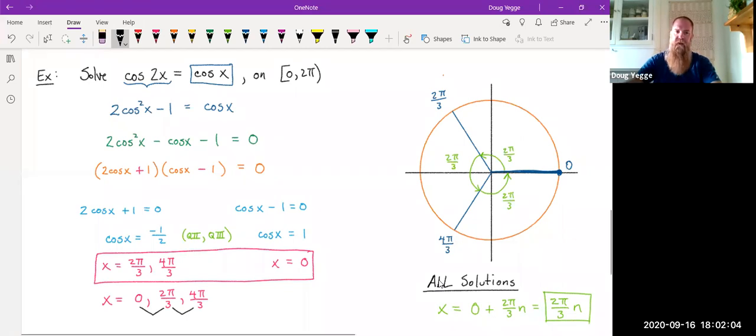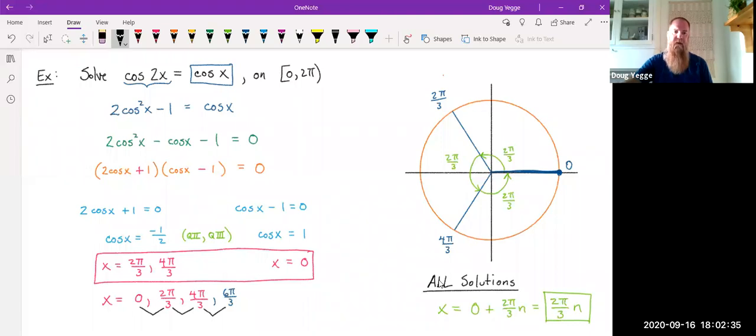But in order to say that this is acceptable, we need to find one more angle that's coterminal to 0, which would be 6 pi over 3, just to make sure that the distance from 4 pi over 3 back to the beginning is also the same. So if we list them in order, we could also see the same result, that we're off by 2 pi over 3 radians.